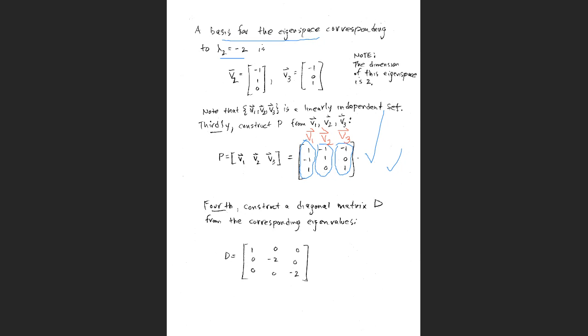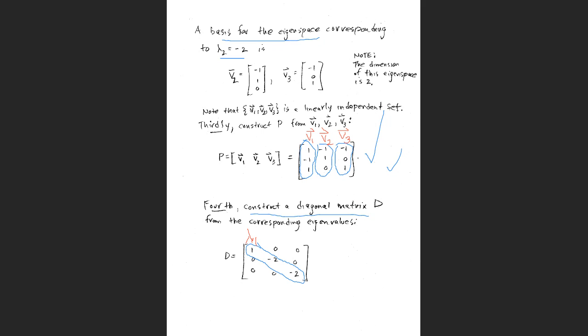And of course, we have to construct our diagonal matrix D. The diagonal entries consist of the eigenvalues according to the multiplicities. So lambda 1 was equal to 1, and that eigenvalue had multiplicity 1, so it only occurs once along the diagonal.